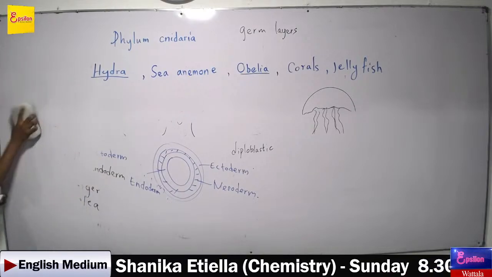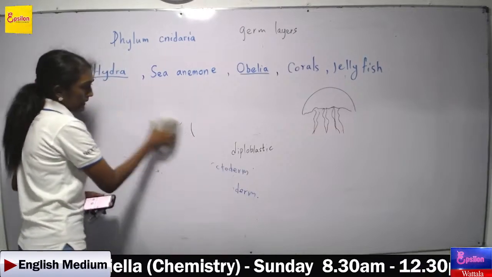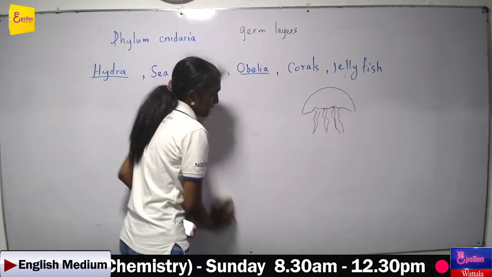What is the example animal phyla for pentaradial symmetry, Putti? Phylum Echinodermata. Wait, I'll write it there.